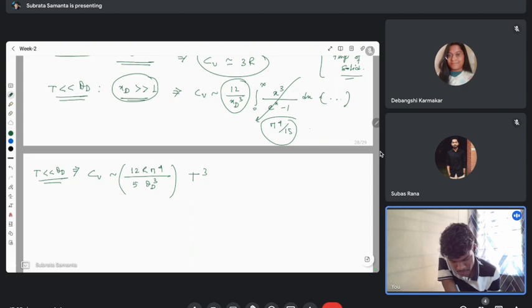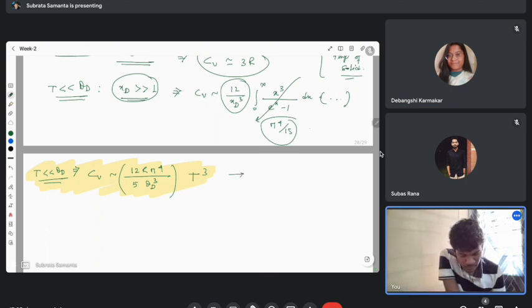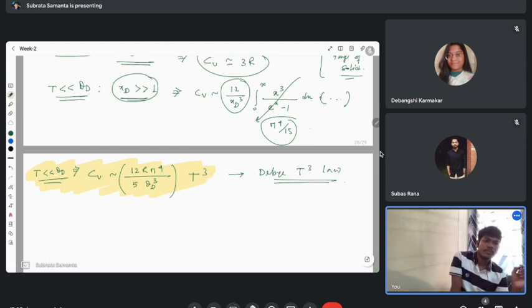So at low temperatures we have found that Cv is exactly proportional to T cubed. This is the Debye T cubed law for low temperatures, and it works well for most solids.